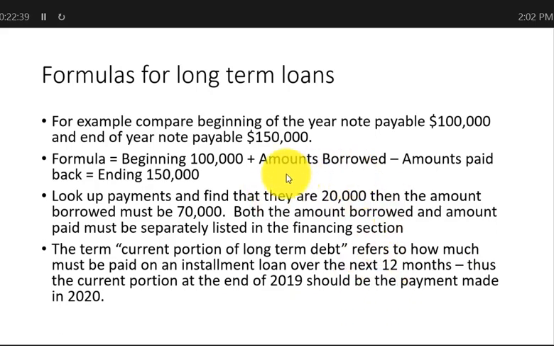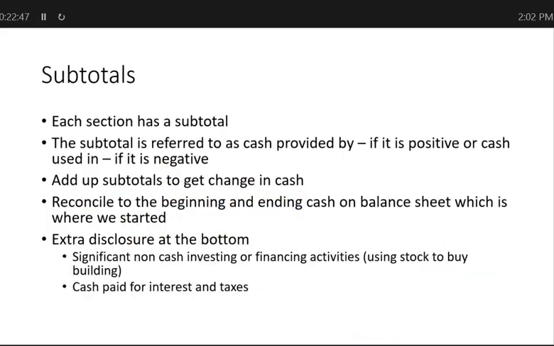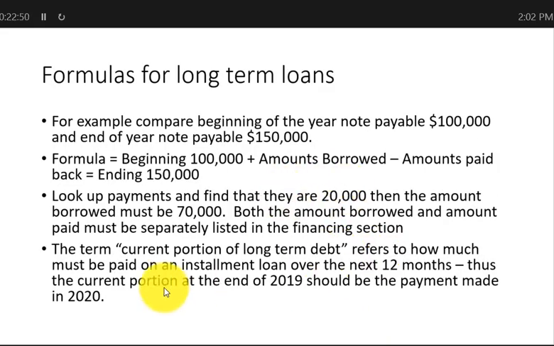And so that would be the payment amount for 2020, just as was shown up here. And so you would know that even though it didn't say explicitly, we paid $20,000 on the loan.